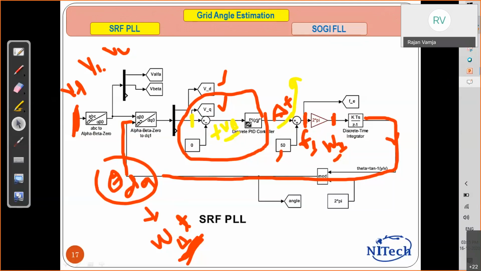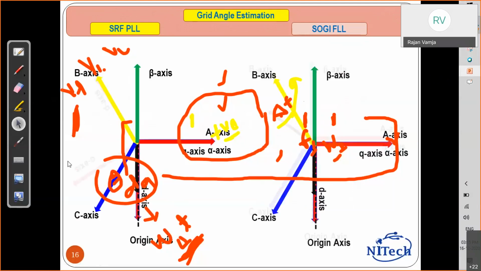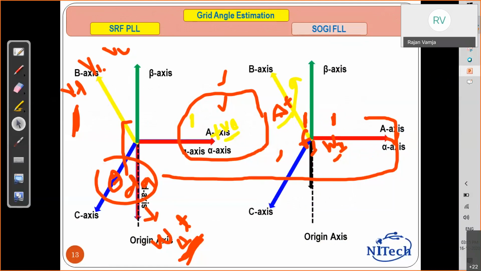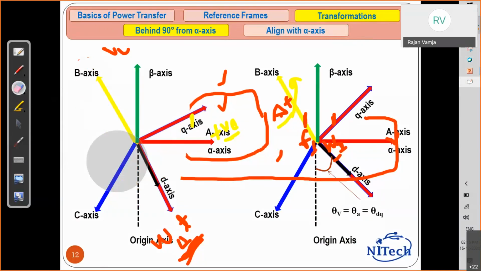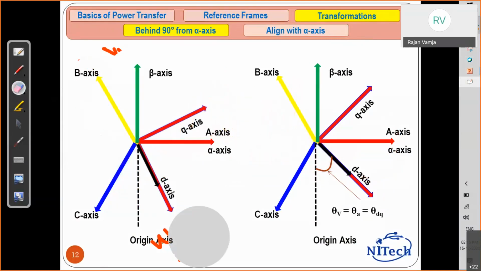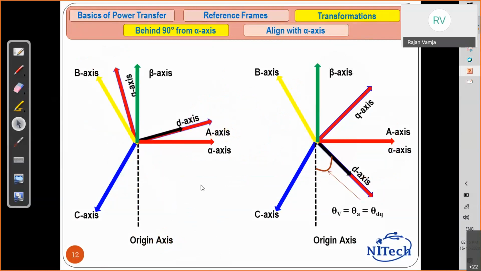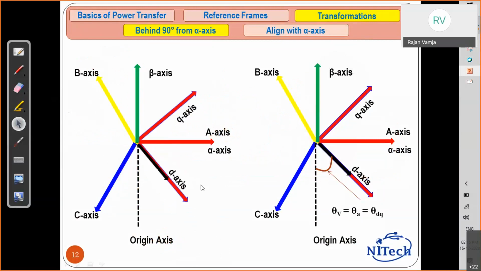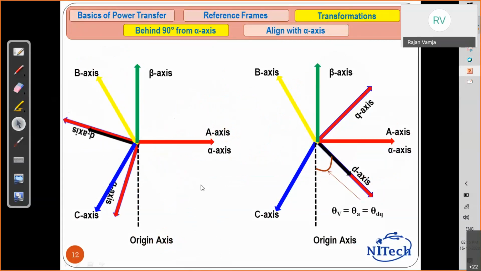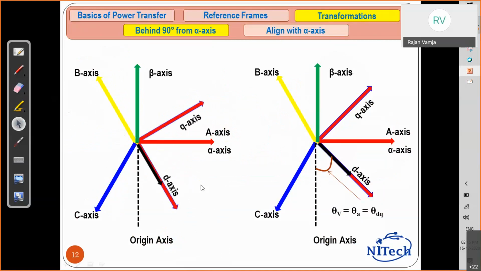So when this VQ will be 0, if we go to the back slide, we are forcing our d axis to stay on the vector. So it is always aligning with the vector.